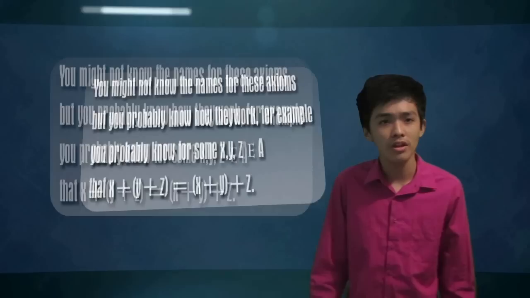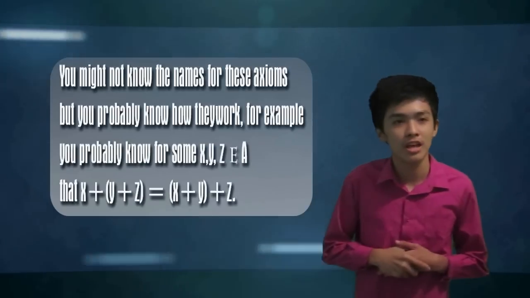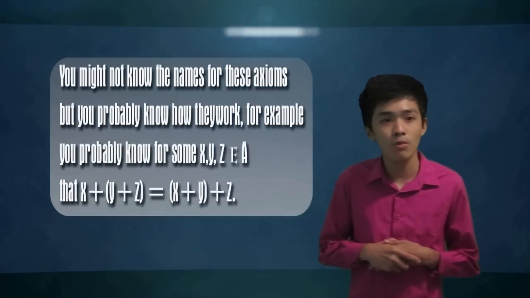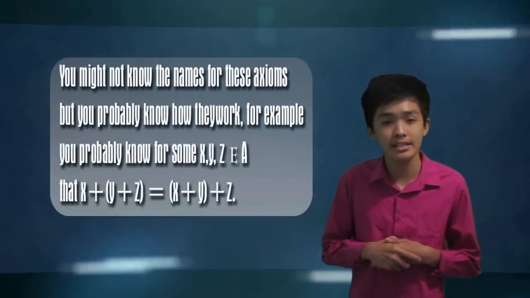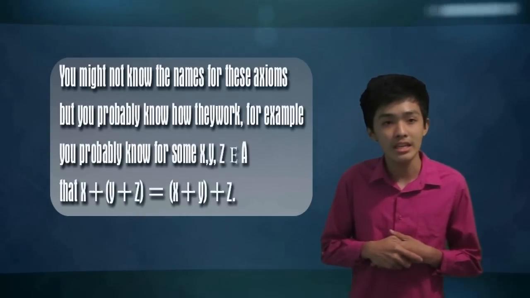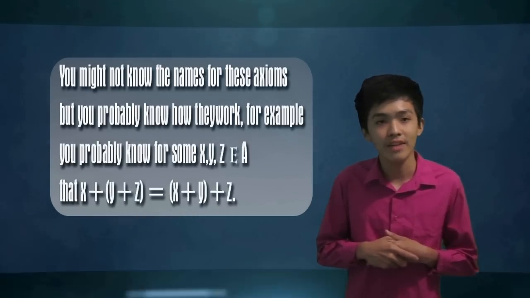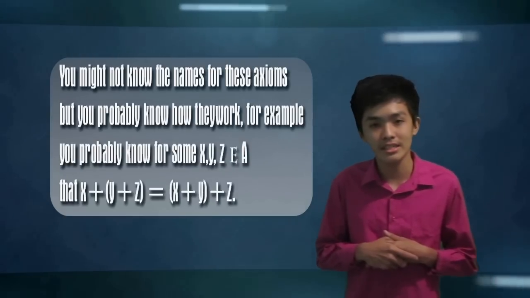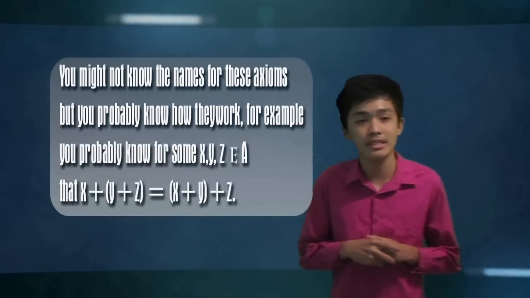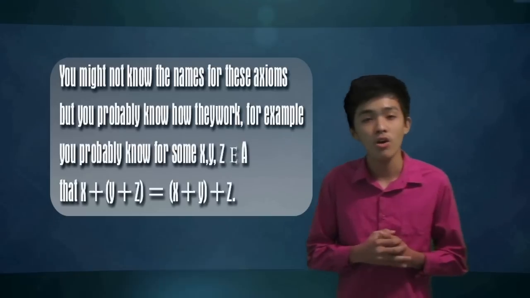You might not know the names for these axioms, but you probably know how they work. For example, you probably know for some x, y, and z that x + (y + z) = (x + y) + z.